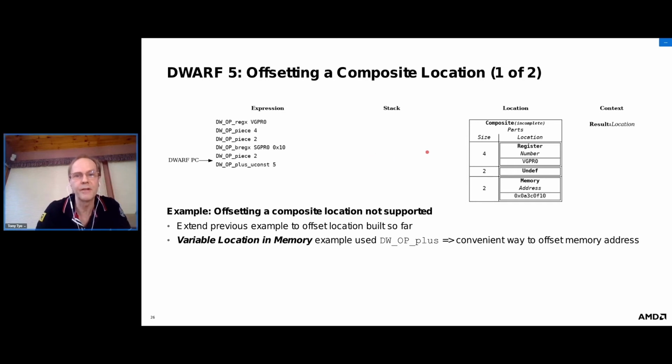What if we wanted to offset that composite location? We saw with a memory address, we can just use the add operator. Well, can we use the add operator with composites? Suppose I wanted to offset this by some amount, like 5 here, a little bit artificial, but just suppose I wanted to do that. If I took that previous example and said, can I just do an add to it?